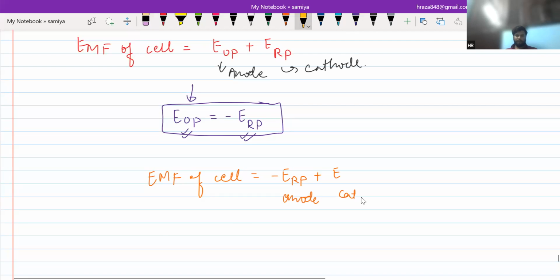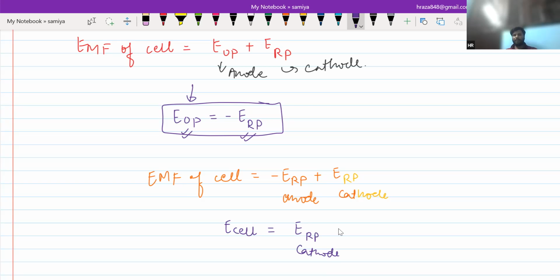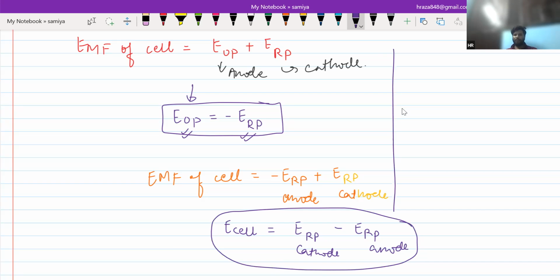This is very important to learn: E cell will be equal to ERP of cathode minus ERP of anode. And we can directly write E cell will be equal to E cathode minus E anode.